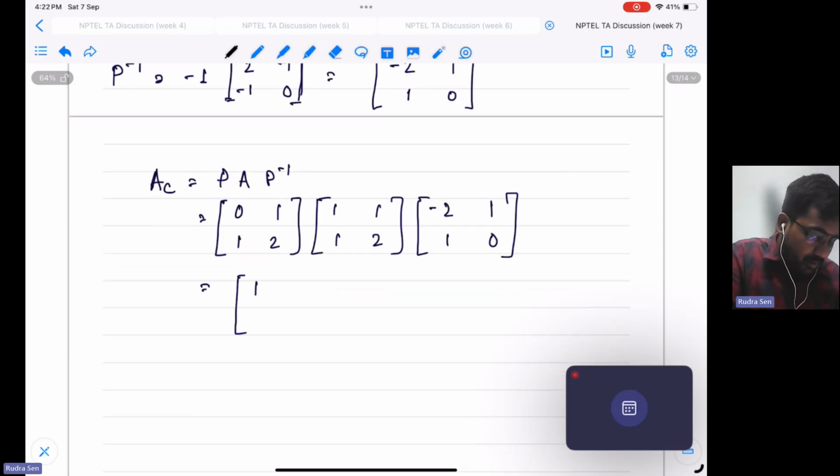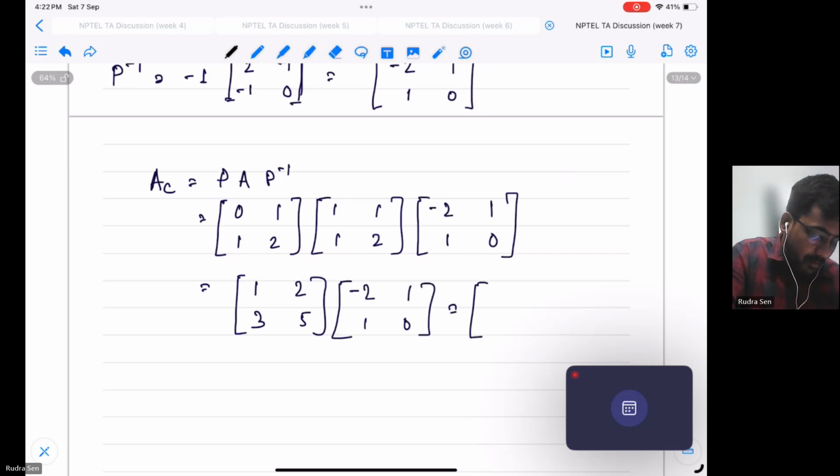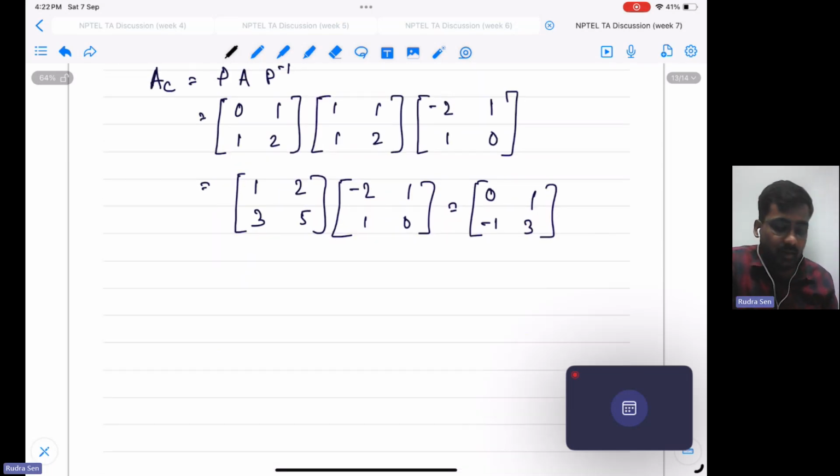The product of P and A gives 1, 2, 3 and 5. Then, -2 plus 2 is 0, 1, -6 plus 5 is -1, and 3. So this is your Ac.